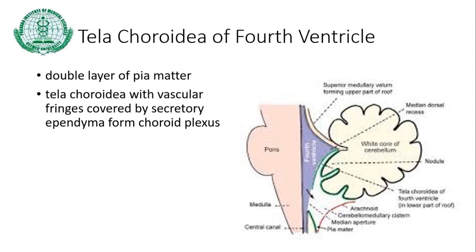Its posterior layer provides a covering of the pia mater to the inferior vermis, and after covering the nodule it is reflected ventrally and caudally in immediate contact with the ependyma.